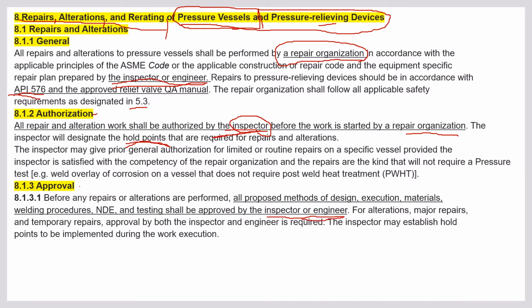Not and, but or. Either the inspector can do it or the engineer can do it. So the design, execution, material, weld procedure all should be approved by the inspector or engineer. Authorization will be given by the inspector. He is the authority. But approval by the inspector or engineer.